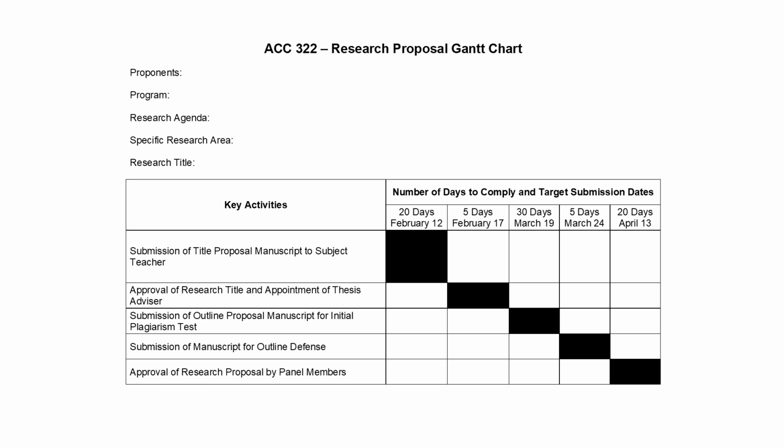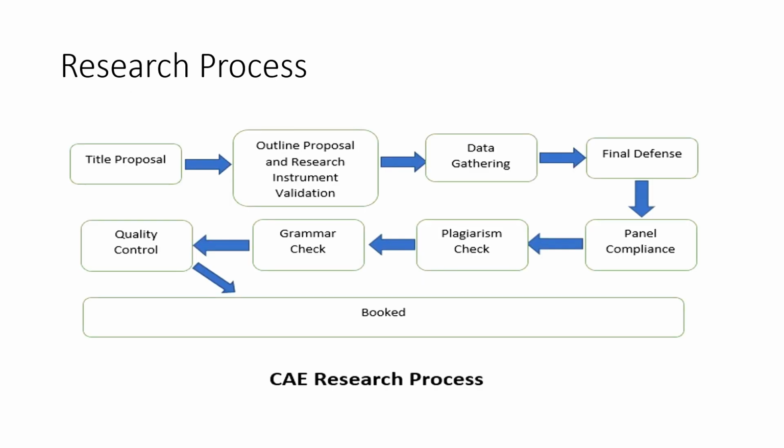And your title. So the Gantt chart is a plan on when you want to finish your thesis. You can screenshot this one because this is the standard Gantt chart. Just change the dates.